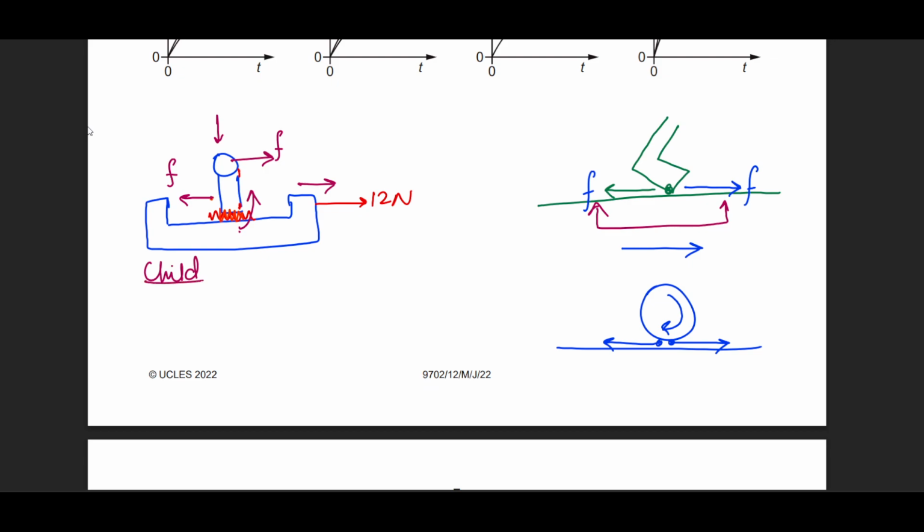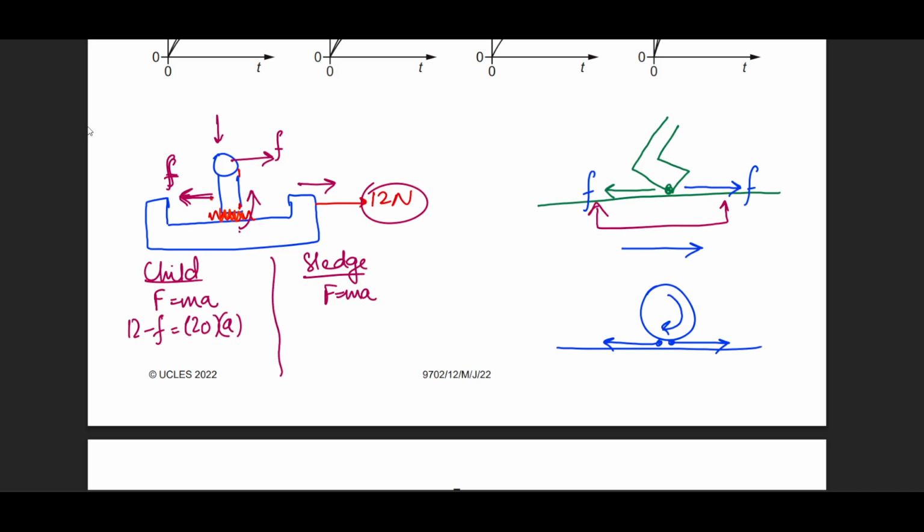From the child's perspective, we have F equals ma, and from the sledge's perspective, we also have F equals ma. From the child's perspective, there is a forward force of 12 newtons trying to pull me forward, but there is a friction force in the backward direction which is going to oppose the motion. So 12 minus F equals the mass of the child times acceleration.